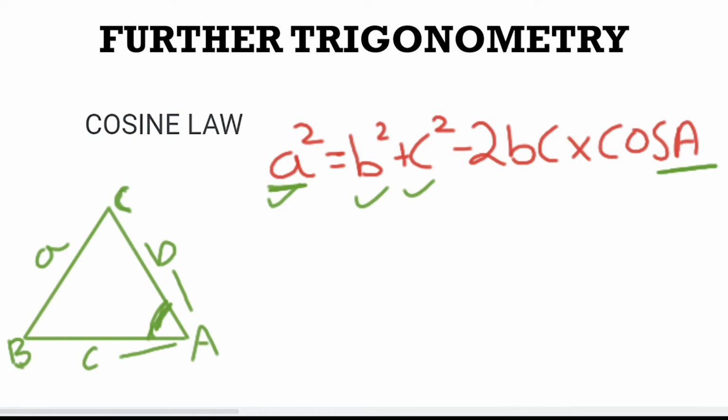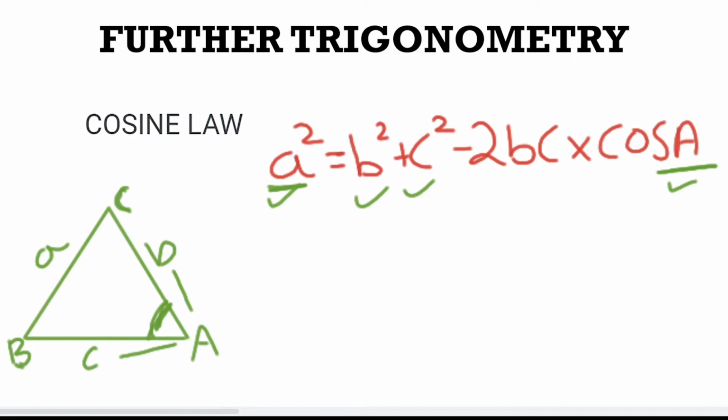This is the included angle. So in order to find a side, we need two other sides and an included angle. If we want to find the angle, then we are going to need all three sides.